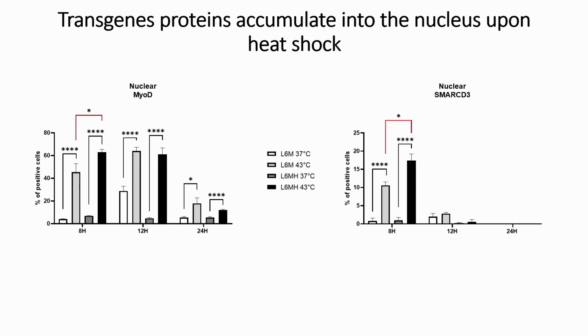For the accumulation of the signal inside the nuclei, we saw that for MyoD we do have a significant increase in the nuclear signal upon heat shock, which is also higher than the L6M condition. And the same we observe for SMART-CD3, especially after 8 hours of induction.